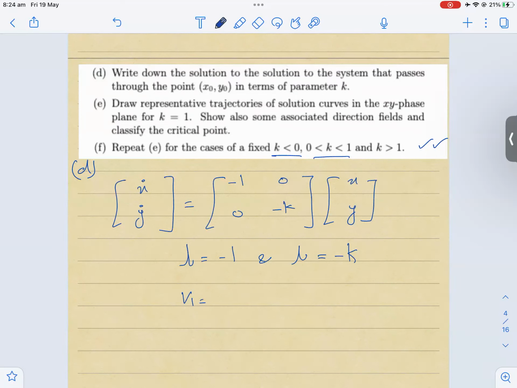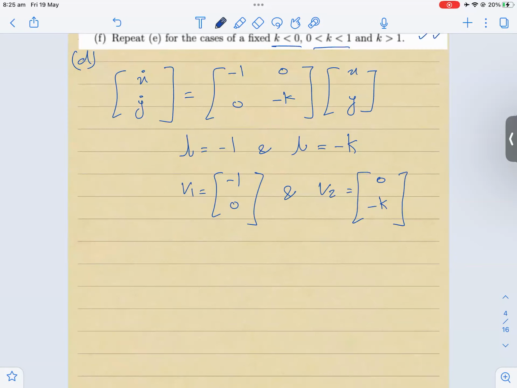The corresponding eigenvector V1 is (-1, 0). We can easily write this because the coefficient matrix is a diagonal matrix. The other corresponding eigenvector is (0, -k).